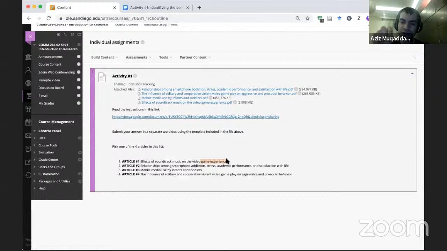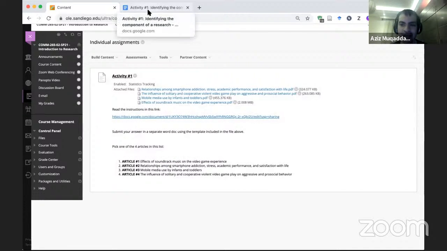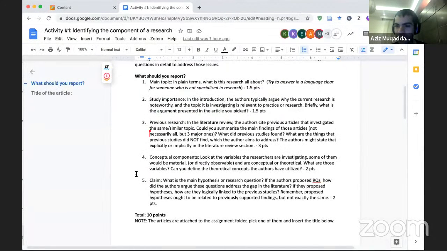It's not talking about video game playing in terms of time or the type of video games, but how people are experiencing it. So you need to define how the authors define game experience. And they would basically state that explicitly in the literature review. So that's it. What are the components that the investigation has in that article, and you define them for us if they are vague or conceptual.